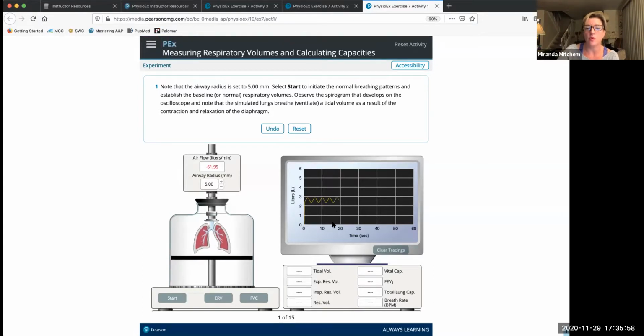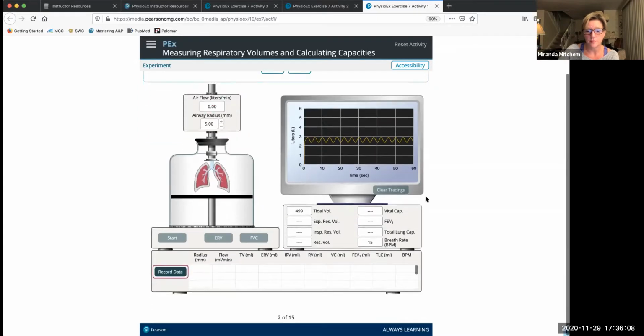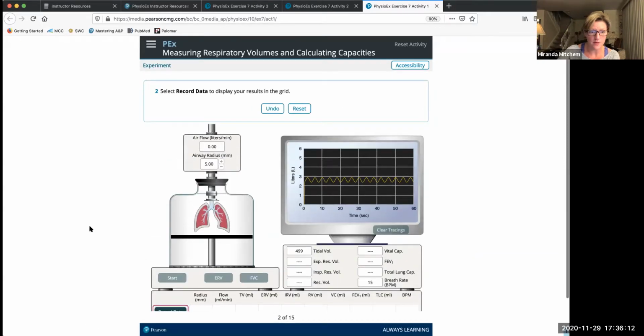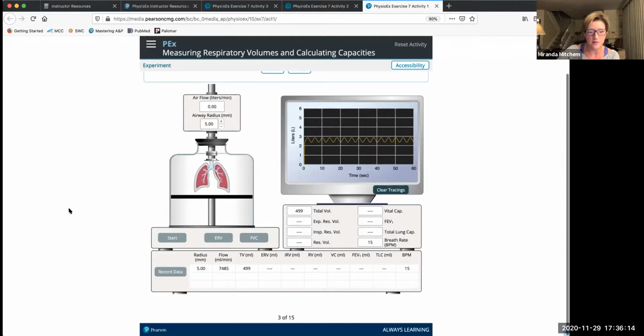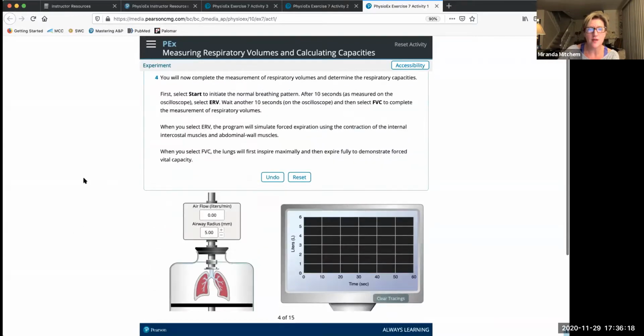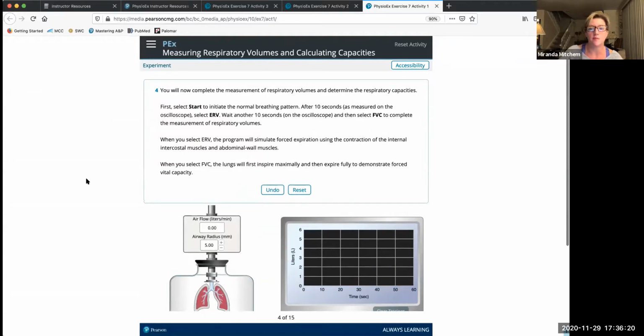So we're in our normal tidal breathing here. All right, we're going to record that data. Now we're going to clear our tracings and start to manipulate some of these variables.